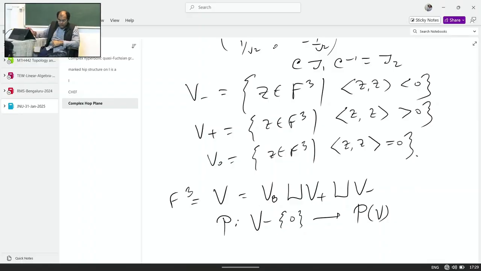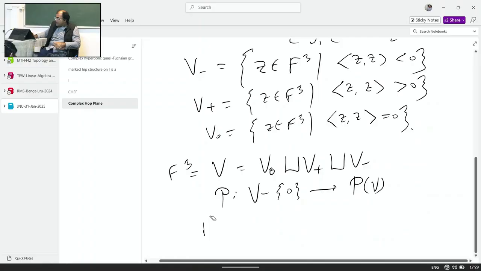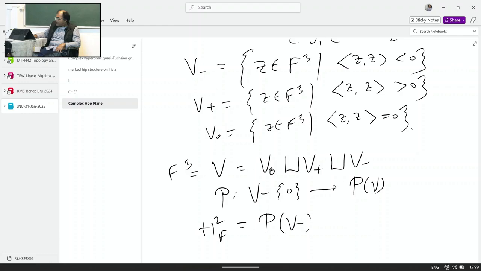Linear algebraically, the hyperbolic plane over F is the image of V minus under this map, and the boundary is P of V naught. Very abstract definition. I am just considering the projective image of the vectors of negative length as the two-dimensional hyperbolic plane, where F can be real, F can be complex, it does not matter.